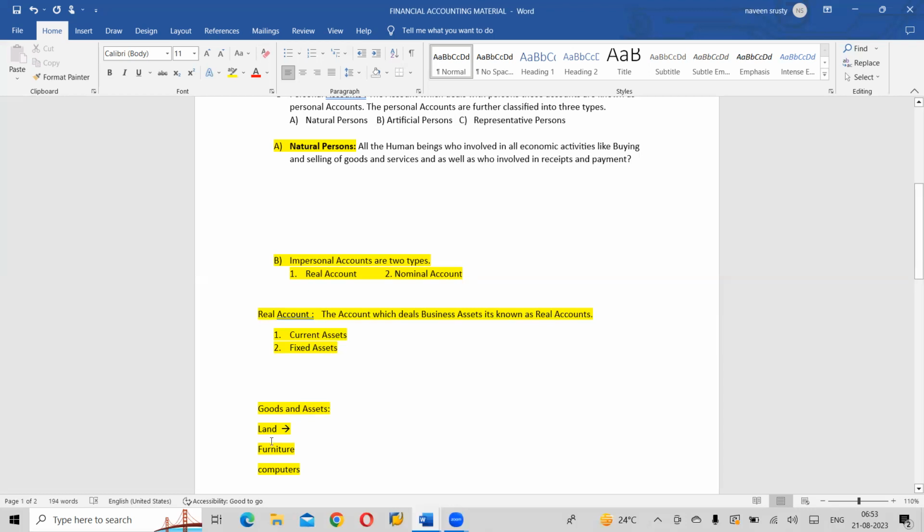But whatever land I have purchased, what is my intention? I want to use it for a longer period. Then what is my nature of business? My nature of business is dealing in furniture, buying and selling, but not selling of land, right? So then it will become an asset for me.